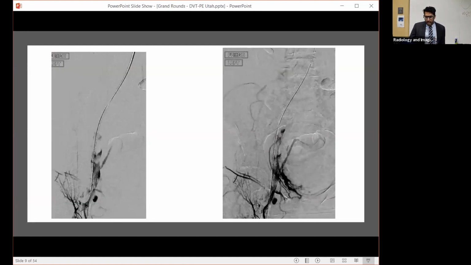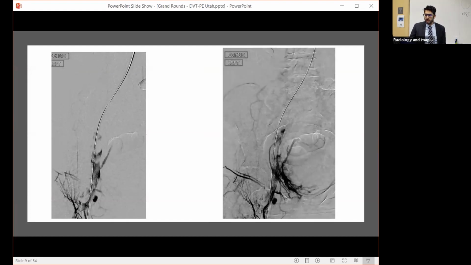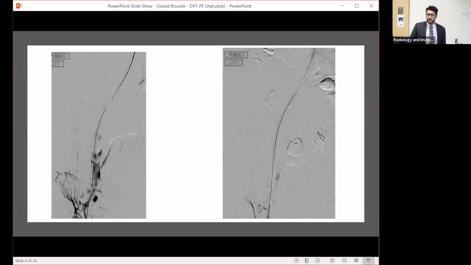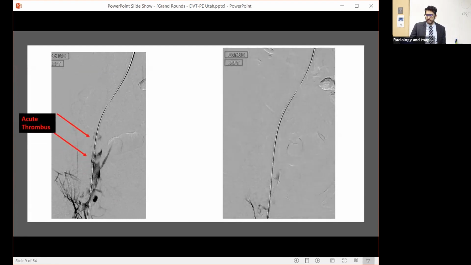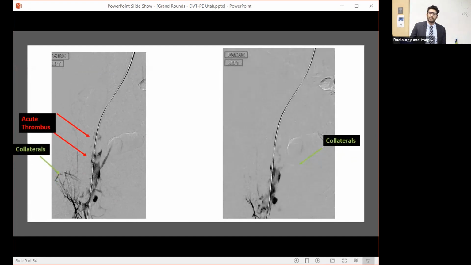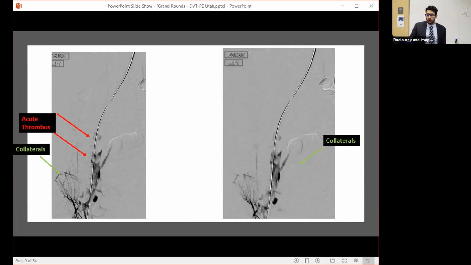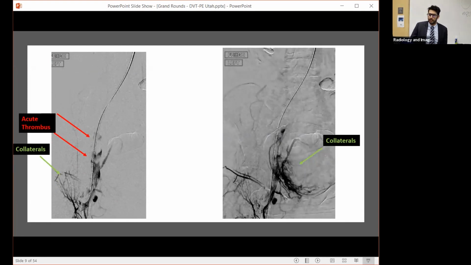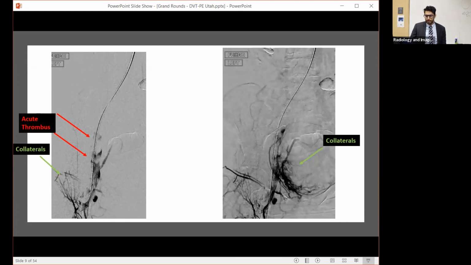I always include videos as well, just to illustrate what you actually see in the procedure. You can see on the image on the left there's acute thrombus extending up into the iliac. And then eventually what you see here are collaterals that form, because in the venous system there are essentially no life-threatening occlusions. Usually the veins accommodate flow back to the heart through collaterals.